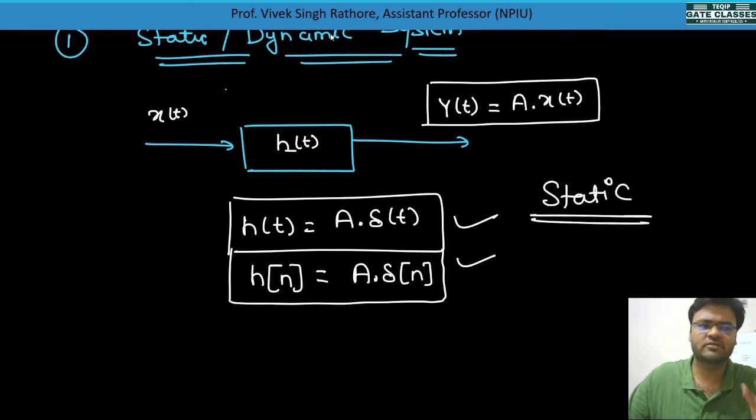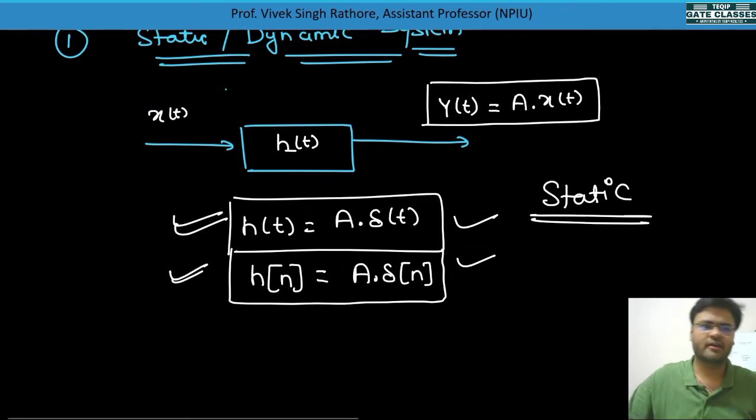It means it is not doing anything, it is just multiplying with a magnitude a, and giving the same input as output multiplied by a. So this type of system is called a static system. By seeing an impulse response like this, you can definitely say it is a static system.